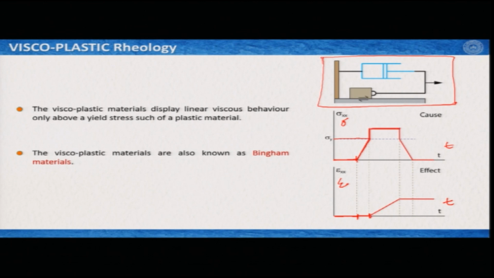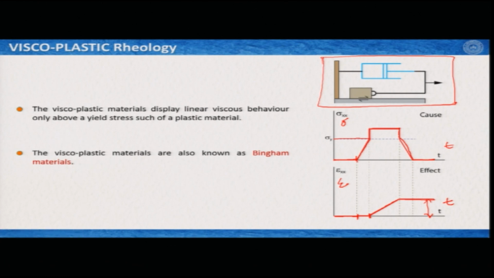So, in the entire time the strain continues increasing, but does not matter if I release the stress, the strain remains permanent because of the friction block and also the viscous element.